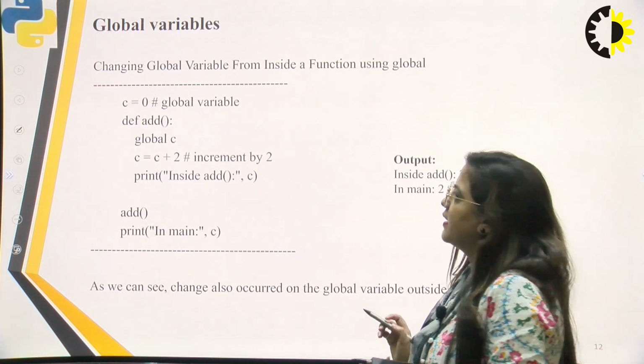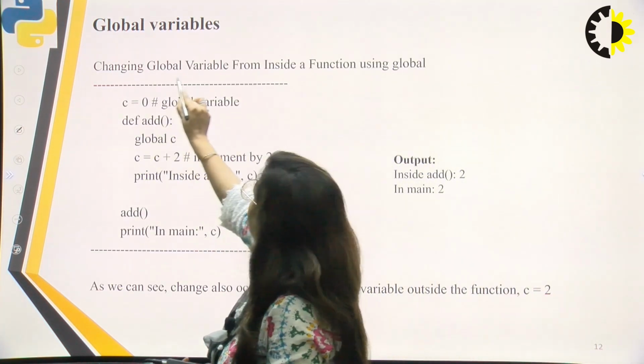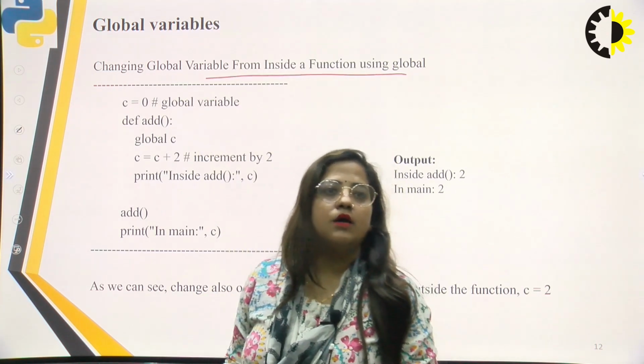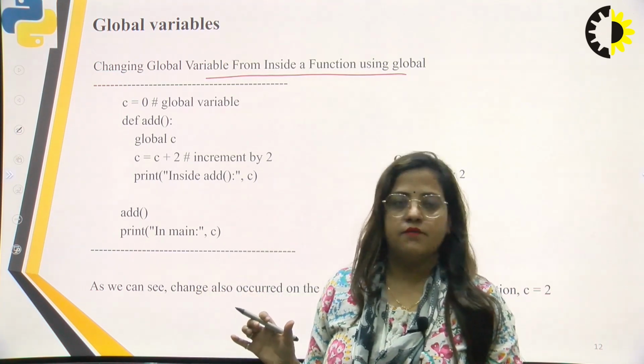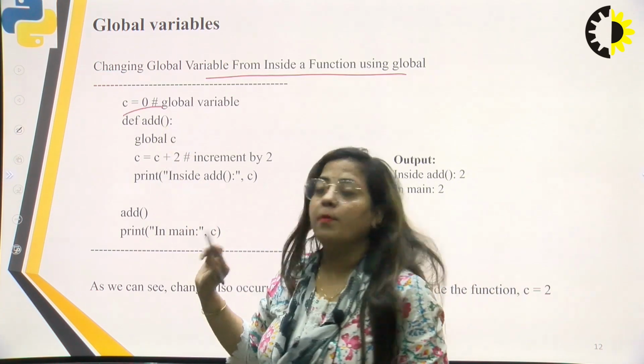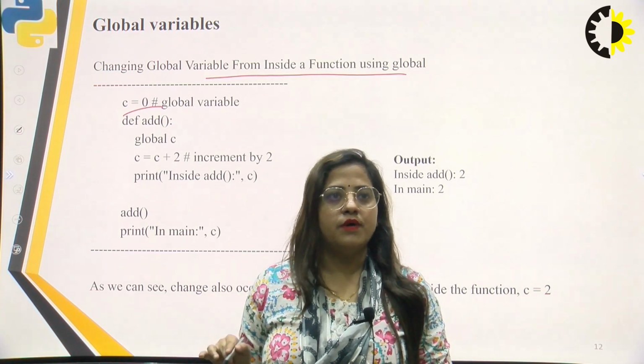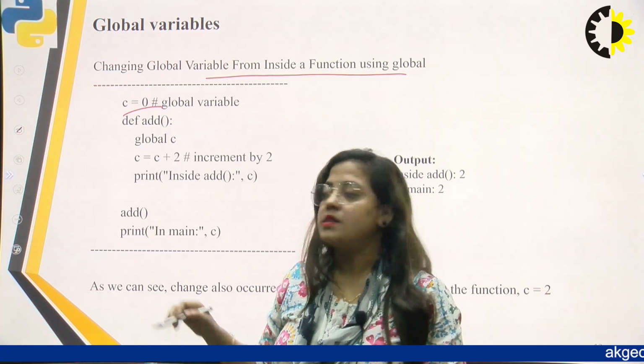Now check the global variable again: changing the global variable from inside the function using the global keyword. You create a variable c whose value is 0, declared as a global variable. You create a new function add with global c.